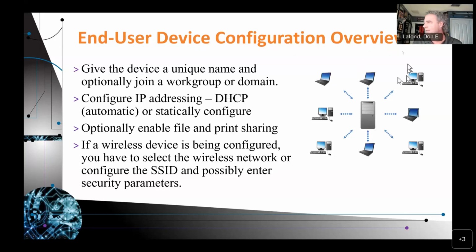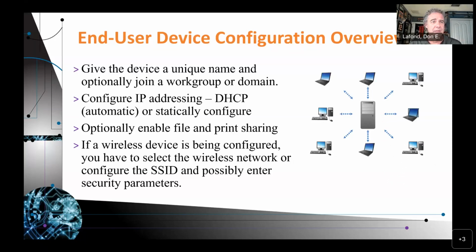I don't see a picture here with a printer, but if you had a printer connected to this device here, you would configure it as a print server, and you would have set an IP address, and this would become the print share. Although you could set the printer as its own device connecting to the server, and then the server handles the print spooling and print sharing too. So there's a couple ways to set up file or print sharing.